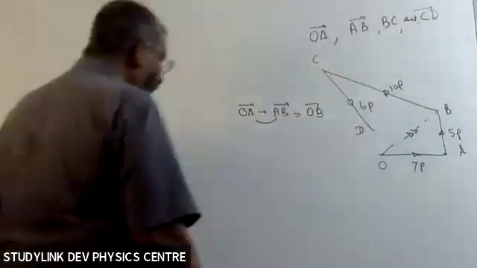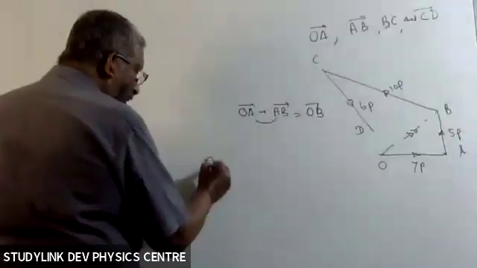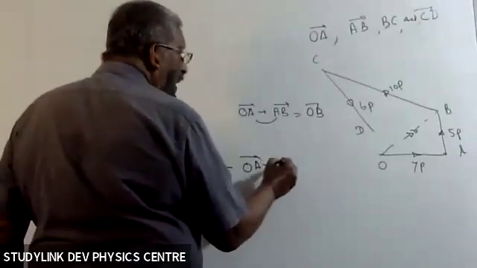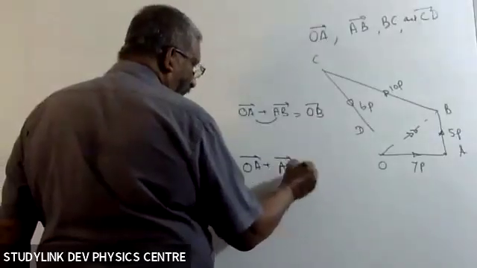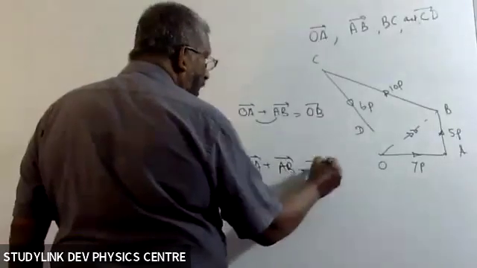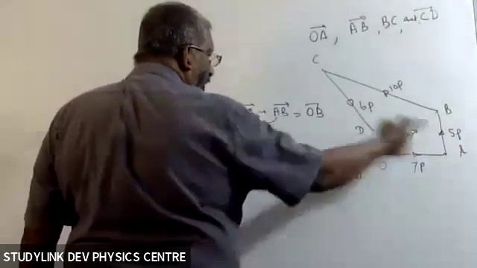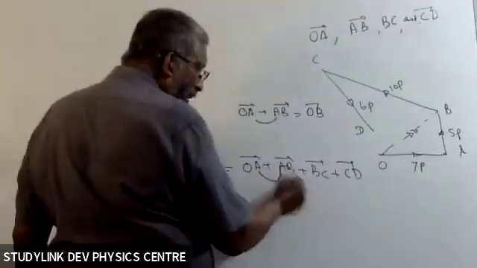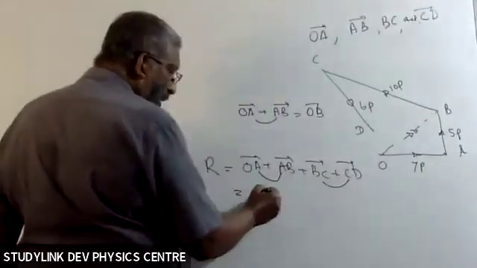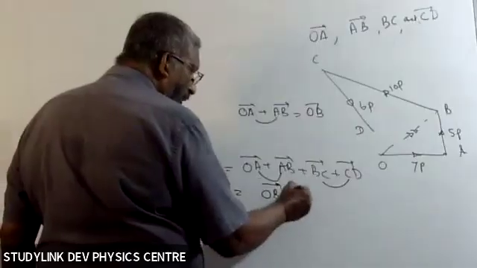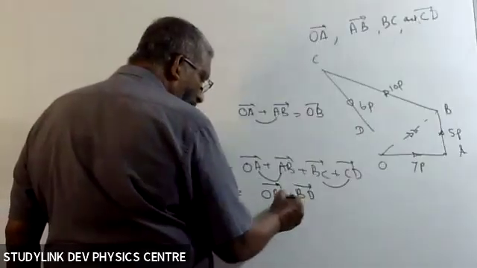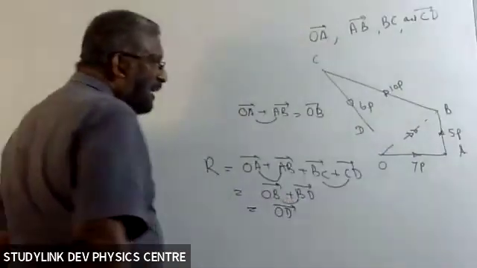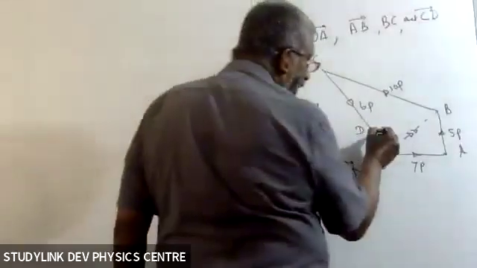But we know the resultant R is equal to OA plus AB plus BC plus CD, vector addition. Without finding like this, altogether we can add. It is easy to add when the same letters are there. Then this is OB, this is BD. Again these two are the same. Then OD. Then OD is the value.